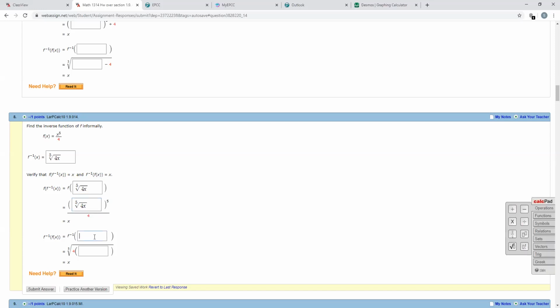And now this one. F inverse of f, that's the other order of the composition of the two functions. So now we put the range value of f of x inside this function. What is the range value expression for f of x? It's this part.